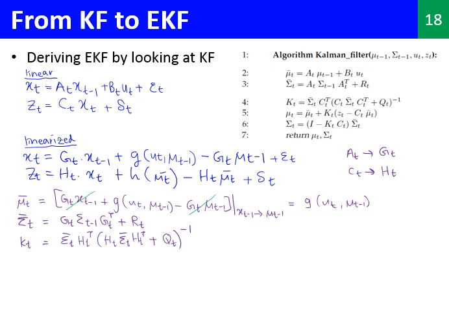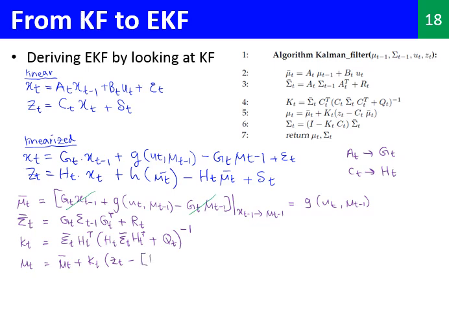So we have mu t equal to mu t bar plus the Kalman gain K t times the measurement z t minus the predicted measurement from the linearized version.